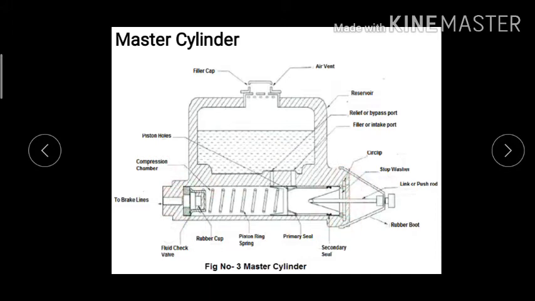There is an air vent placed in the cap which keeps the brake fluid always at atmospheric pressure, and allows the expansion and contraction of the fluid to take place without the formation of vacuum.